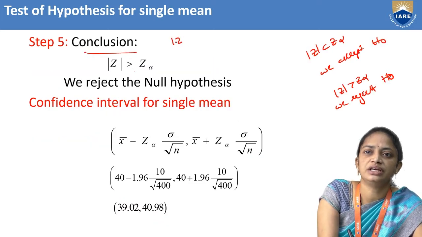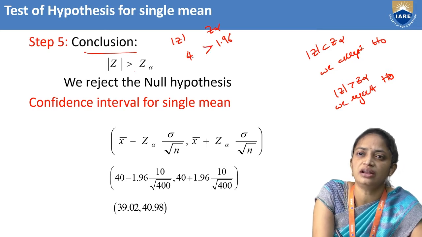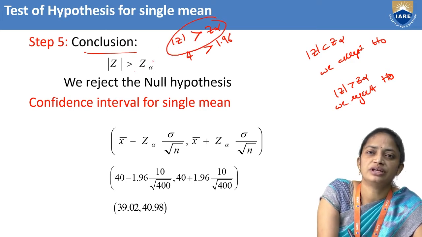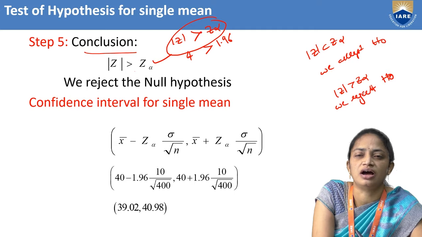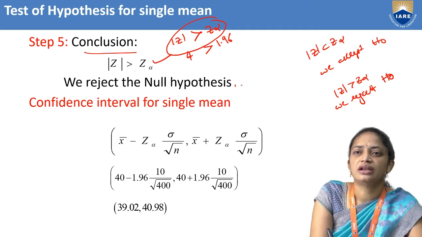Always 4 is greater than 1.96, that's why mod z is greater than z alpha. So we reject the null hypothesis.